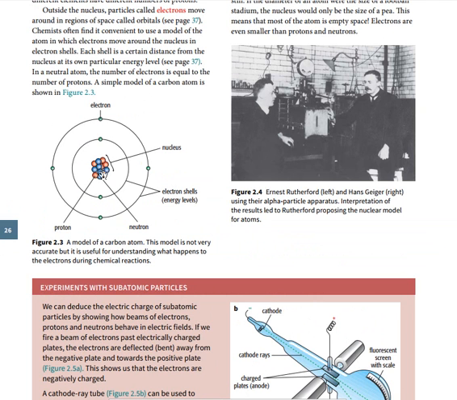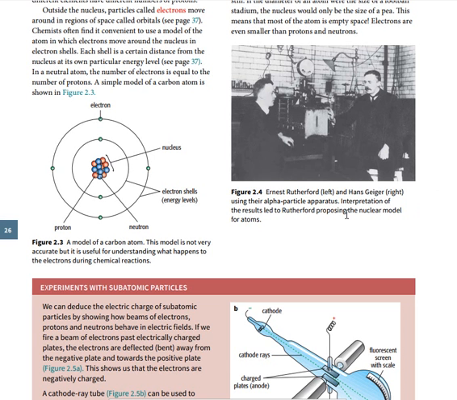The next experiment was the experiment of Ernest Rutherford. The people who did the experiment were Geiger and Marsden, the student of Ernest Rutherford, in order to visualize if there was an existence of a nucleus.